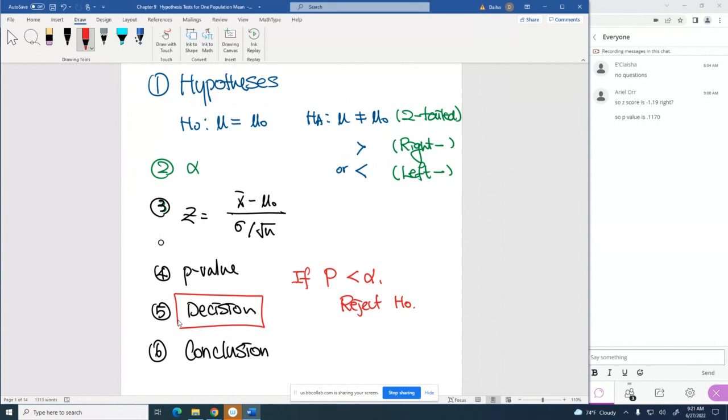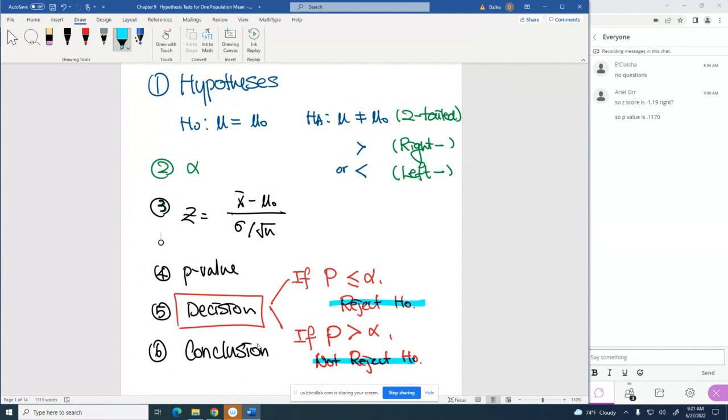The other way, if the p-value is greater than or equal to alpha, we do not reject. So we had 2 statements: reject the null or not reject the null.